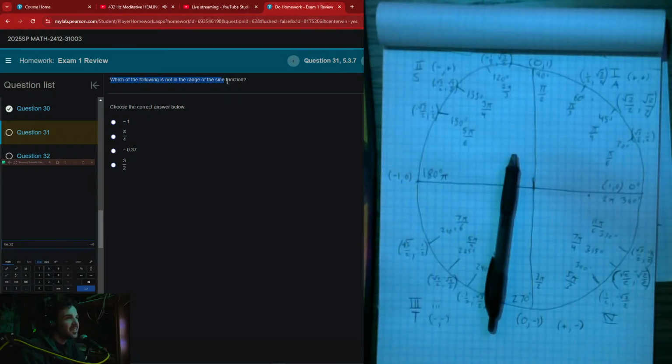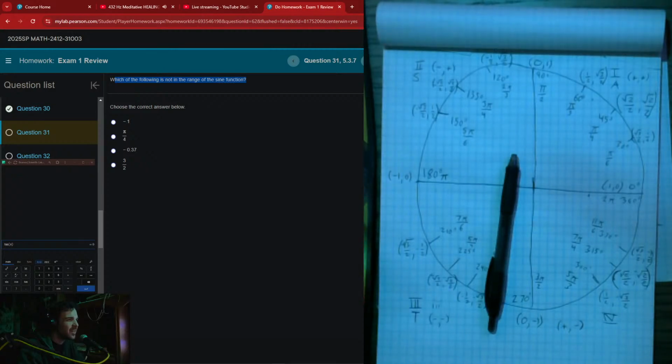Which of the following is not in range of the sine function? I guess it would be anything above 1, right? Is that what they're asking for? Because the range is the y values, right?